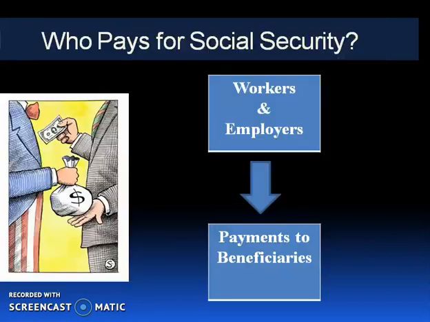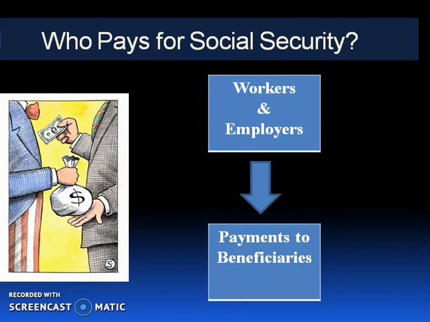That sounds all interesting, but let's see who pays for Social Security. Well, when we are young, we all pay into Social Security, and then the benefits replace a portion of lost wages due to death, disability, or retirement.